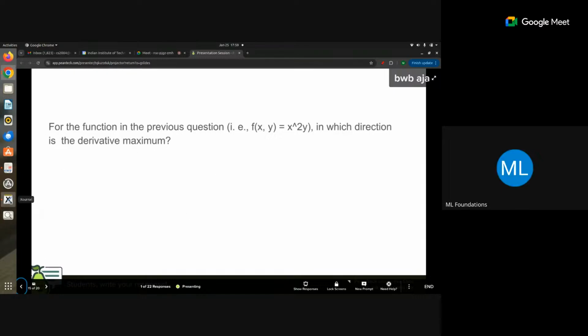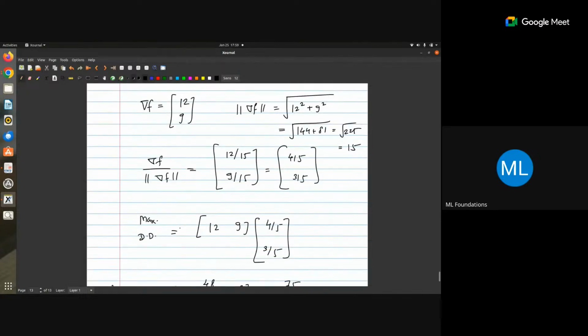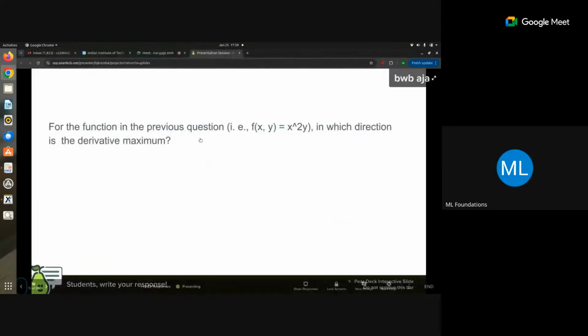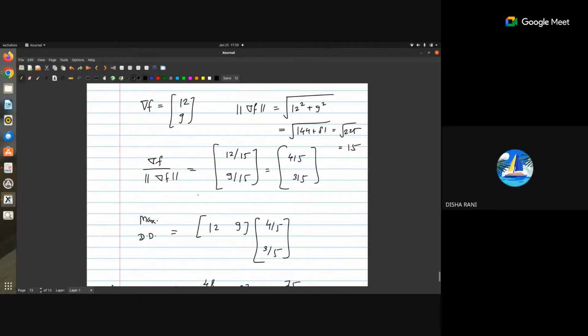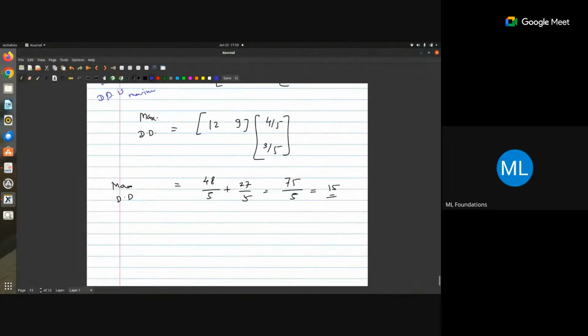The gradient direction, 4 by 5, 3 by 5. This is the direction in which the directional derivative is maximum. And what is the value of the maximum directional derivative? That is the next question. 3 root 5. And that should be the answer, 15.